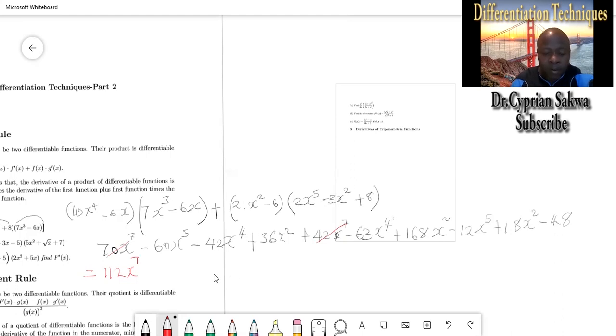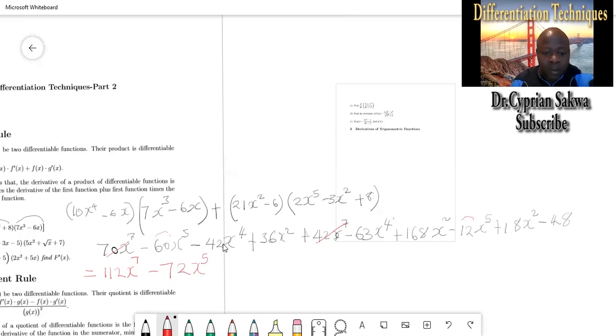You don't need to cancel it, but I'm just doing it because it's long, so that I keep track of what I've added and what I've not. I have x raised to 5 here and another one here, and putting them together we have 72x raised to 5.